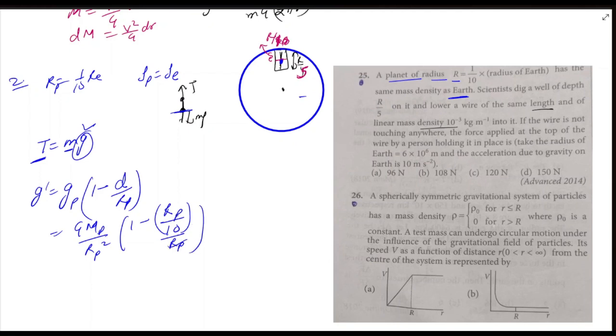So this cancels, and we have G mp by rp square into 9 by 10.